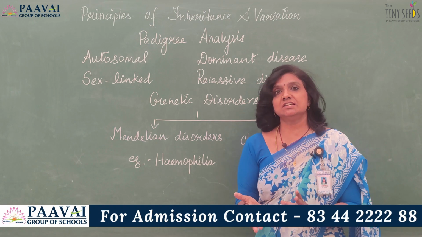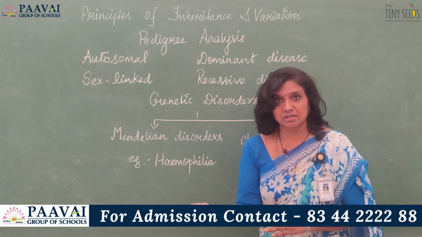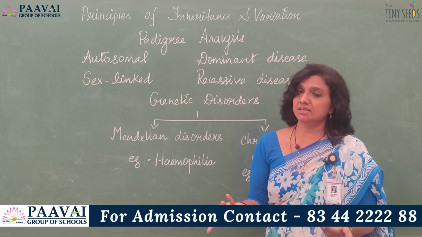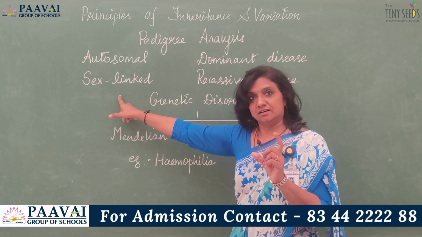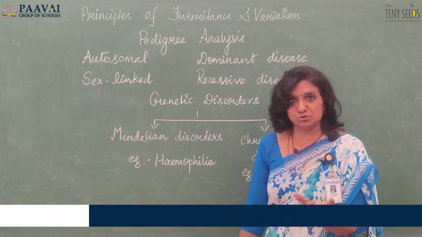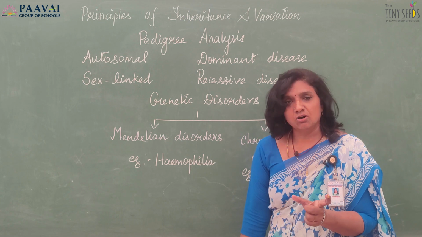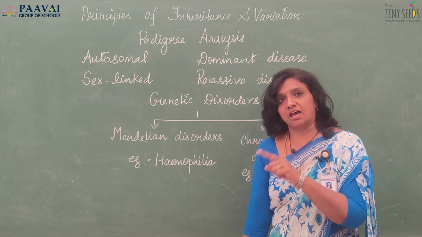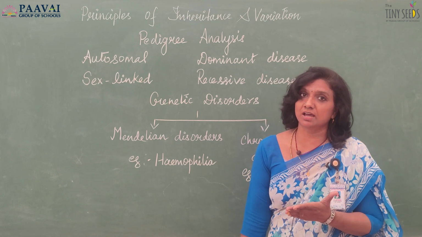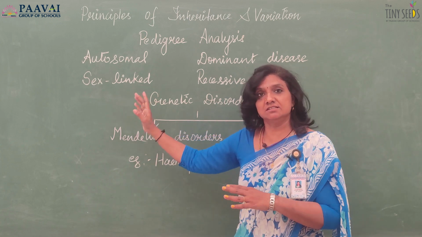Suppose if the disease is taking place in allosome, allosome means what? It's nothing but sex-linked chromosome, that is called allosome. If there is a change or mutation in this allosome, then we can call that one as sex-linked disease.